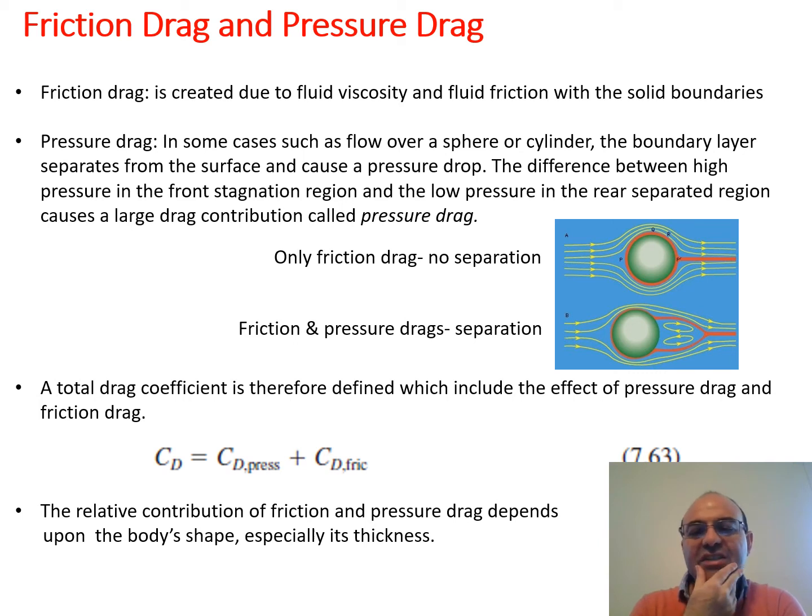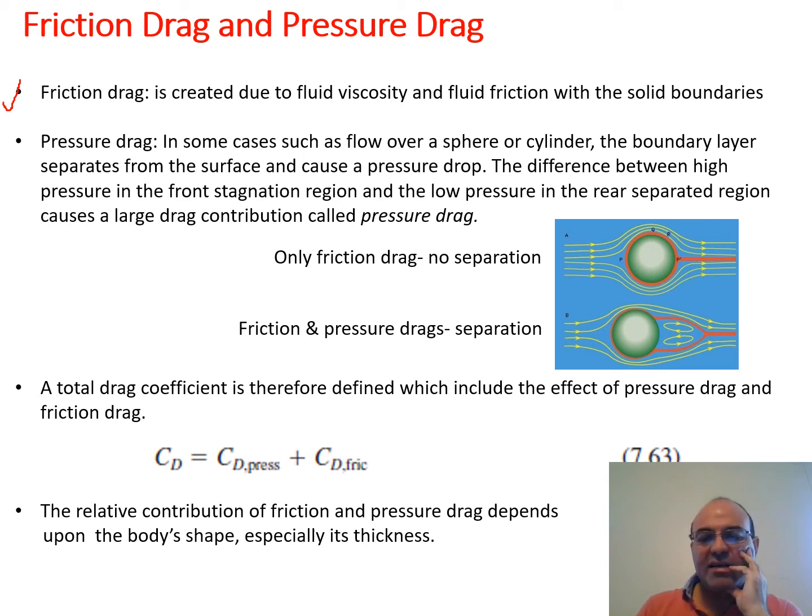So that was friction drag, meaning the drag force created as a result of the shear forces on the surface of the plate. Therefore, friction drag is created due to fluid viscosity and fluid friction with the solid boundaries.